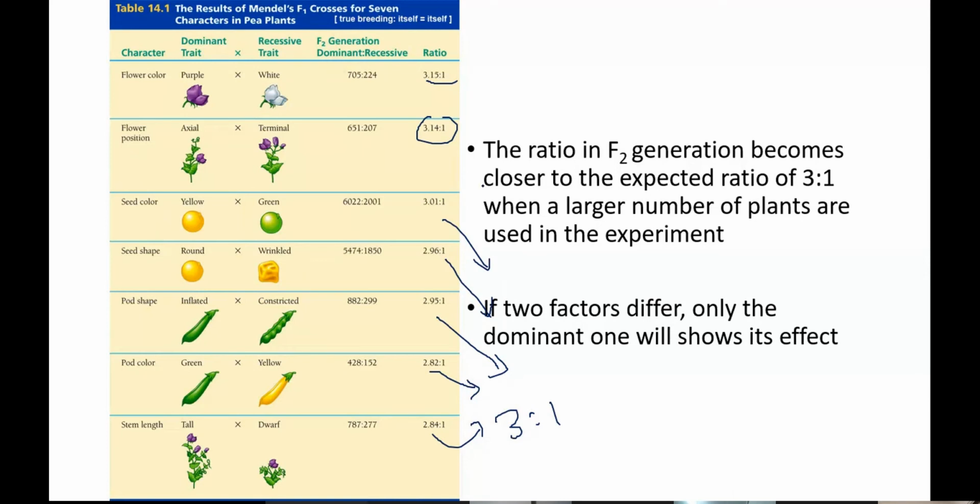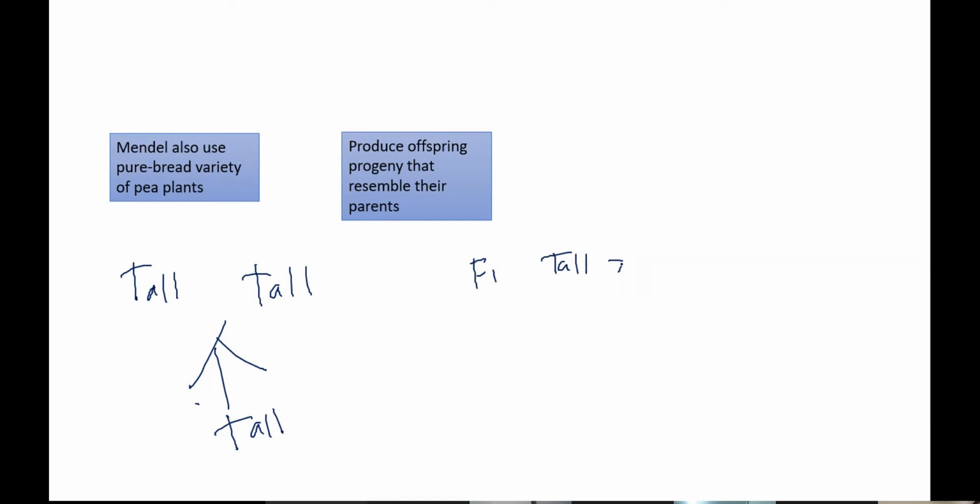But if the parents have the same traits, for example tall and tall, and they also use pure breed varieties of pea plants, the first generation is tall. Then one tall first generation plant crossed with another first generation plant is also tall.